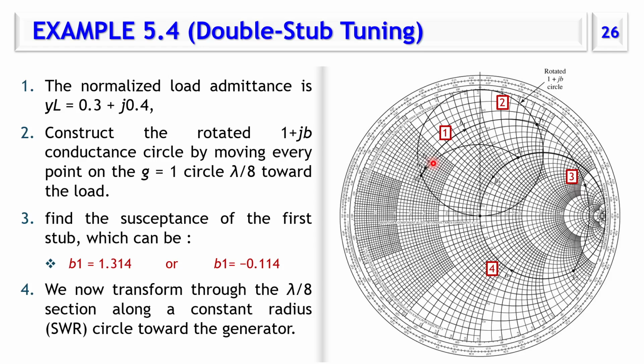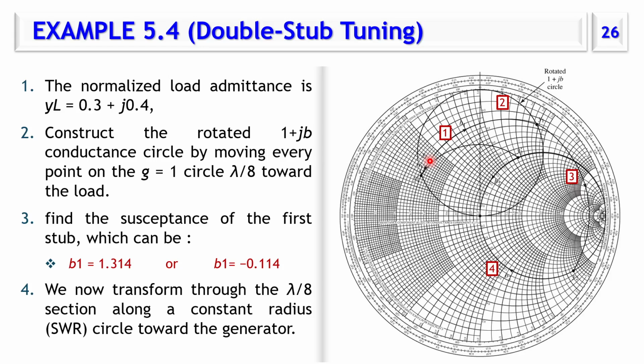So YL would be at this point 0.3 plus j0.4. So you can first find ZL at 1.2 minus j1.6, and from it you can find YL.